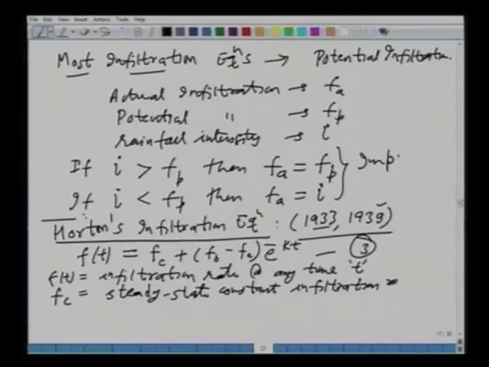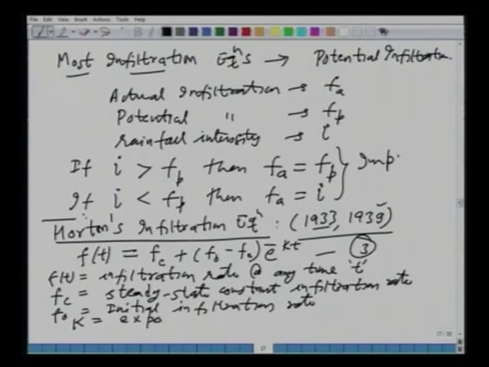After a very long time, the rate of infiltration will stabilize to this value F c. F o is what is called the initial infiltration rate. That is, when the rainfall starts, it represents the initial conditions in the catchment. So, F o is the initial infiltration rate and k is defined as the exponential decay constant.